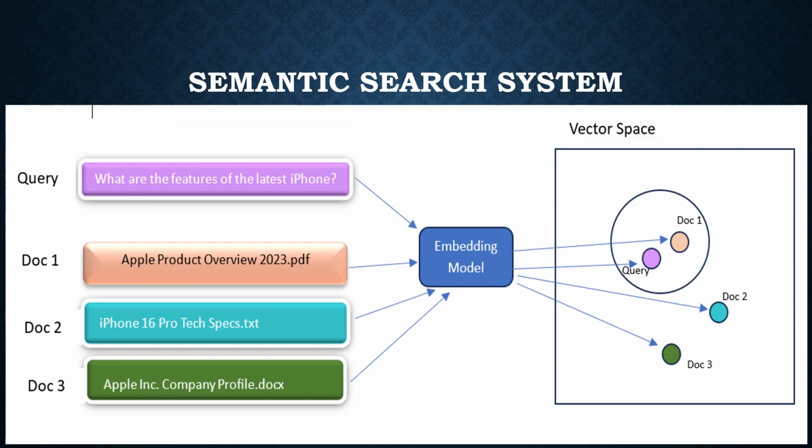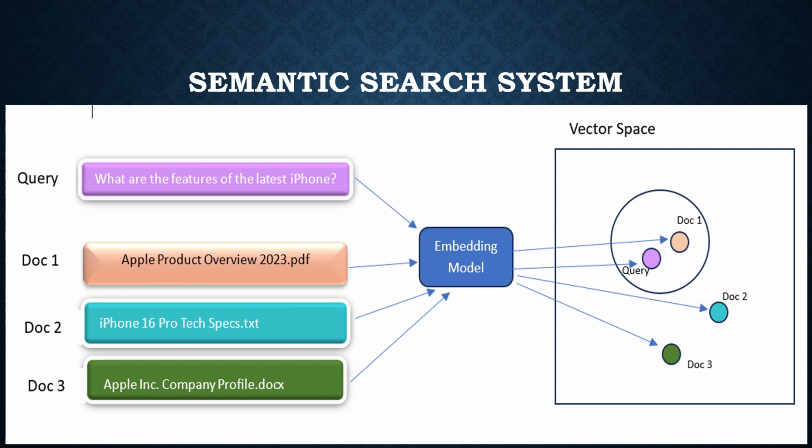Again, the main important topic during RAG learning is the semantic search system. So again, I have converted it into a small part of RAG. Here you can see this is a query: what are the features of the latest iPhone, right?